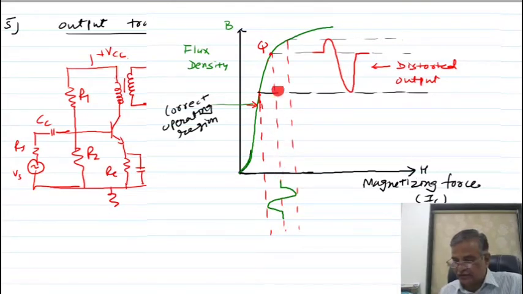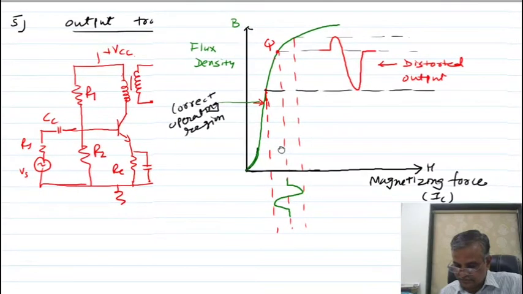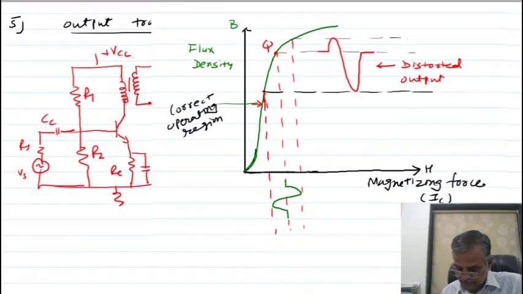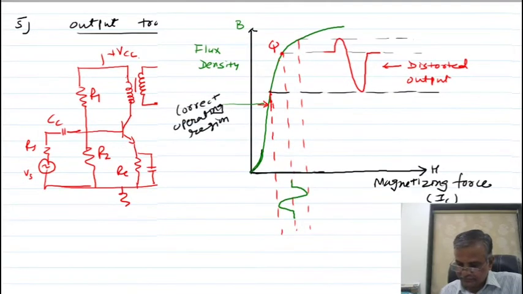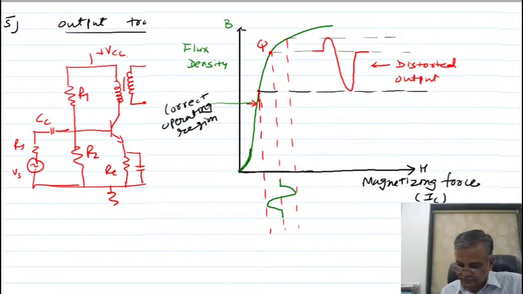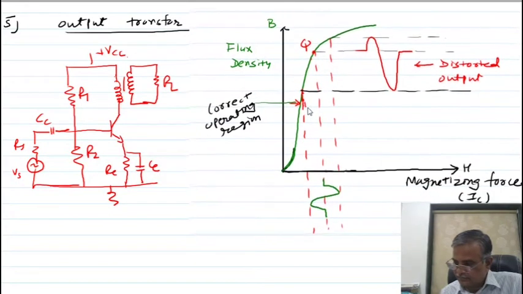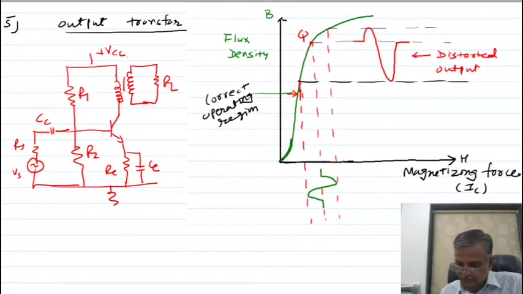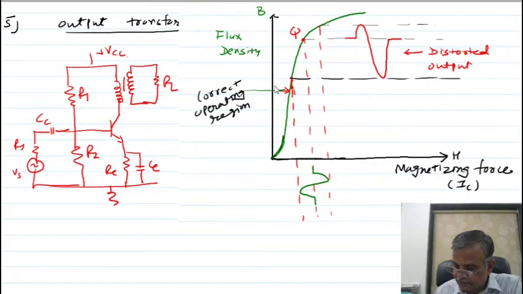When the AC signal is not applied, whatever flux is here, that flux is at this point. This is this much amount of flux associated with the primary.